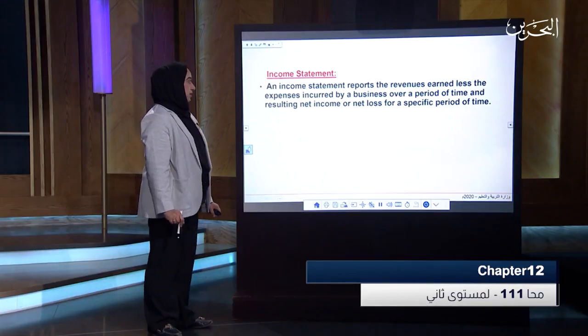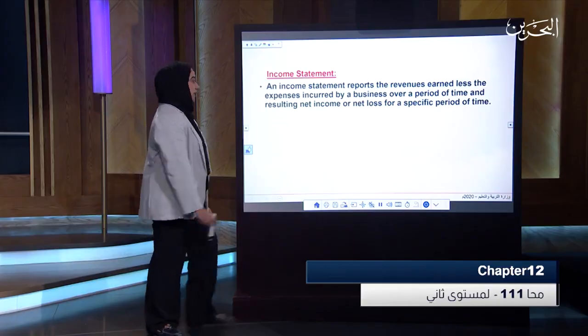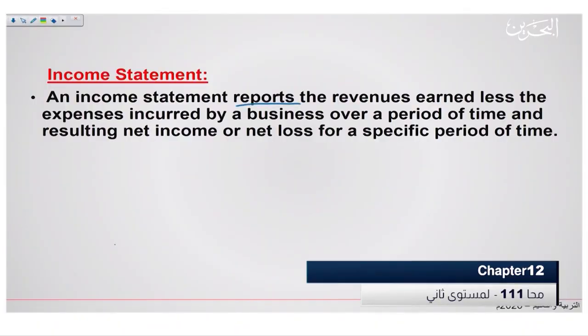First, what is an income statement? An income statement is a report. It is prepared for a period of time, like at the end of the month, the end of 3 months, or at the end of the year, or as it is required by the manager. What are we going to include in this report? We are going to add all the revenues and all the expenses in our company.